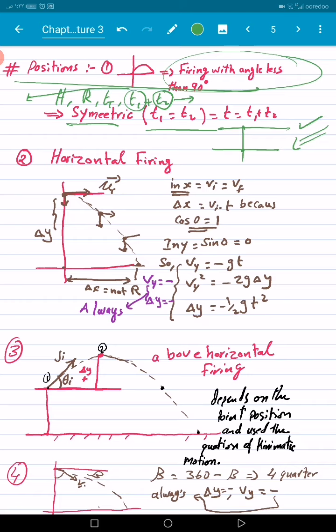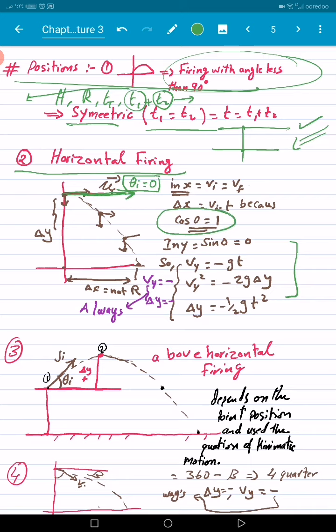Now when I fire or launch horizontally, what does horizontal, or horizon, mean? It means the angle is 0, because it is horizon, so the firing angle is equal to 0, and cosine is equal to 1.